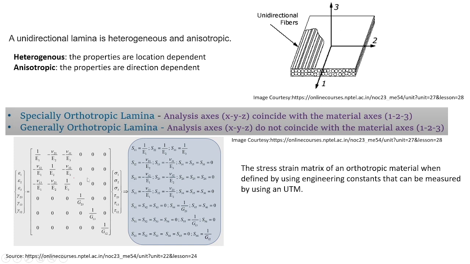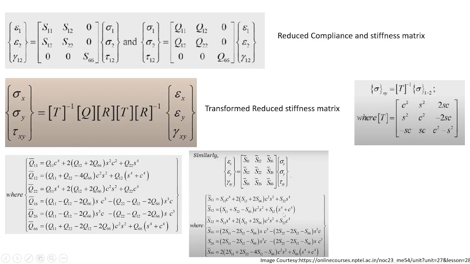When we compress this matrix, we get the reduced compliance and stiffness matrix, as you can see here, which only considers the stress and strain in direction 1 and 2. So this is the reduced compliance and stiffness matrices.